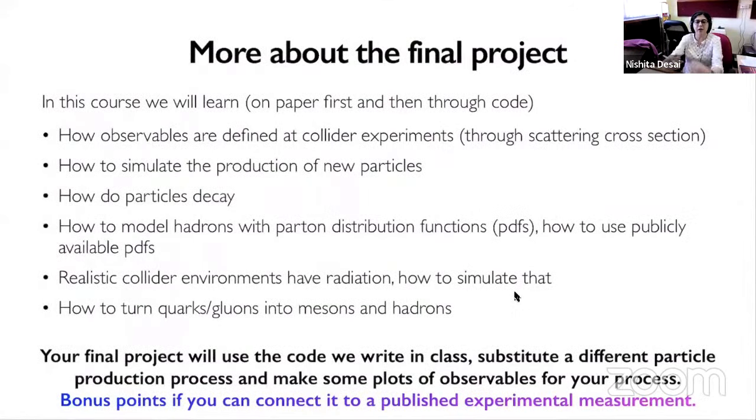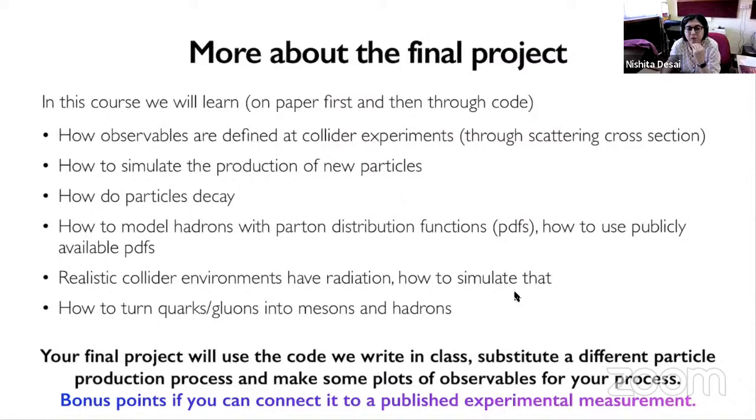Now we can come to the interesting parts of this course. This is the main goal of the course. The first thing that we want to understand is how observables are defined at collider experiments. If you say something very high level, like there is quantum chromodynamics, which is an SU(3) theory, what does that mean? What are the actual observables that tell you that this is the internal structure that is going on? That is something that we will learn.